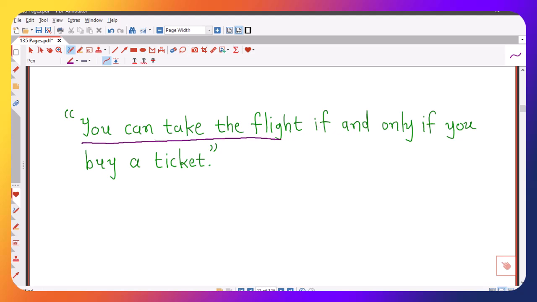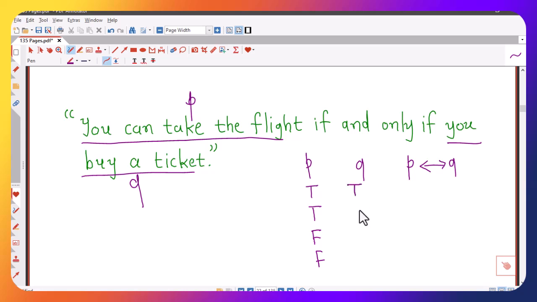You can take the flight if and only if you buy a ticket. Suppose this is denoted by P and this is denoted by Q, and we write the truth table for this biconditional statement. We have four possibilities for P and Q. First, P is true and Q is also true.